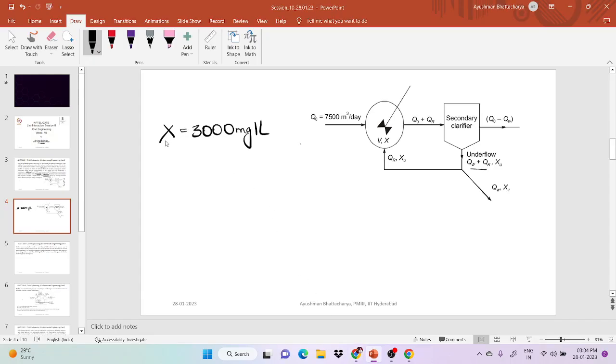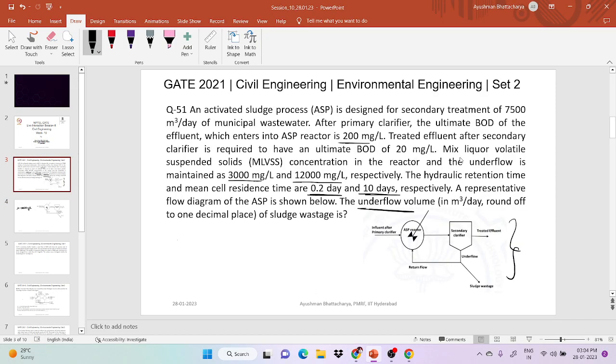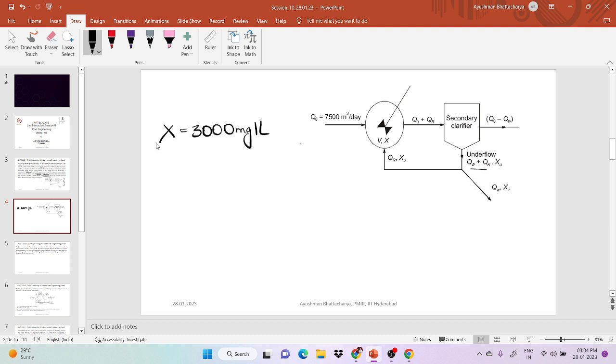Yeah, so X is 3000 milligram per liter because the MLSS concentration is 3000 milligram per liter, and the underflow XU is 12,000 milligram per liter. Okay, so we know HRT is equal to V by Q, volume upon flow.